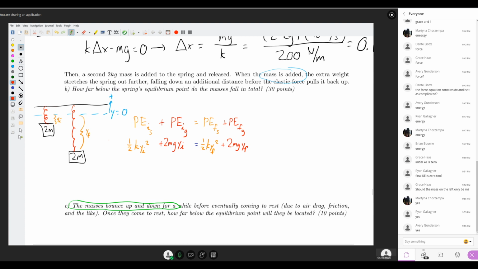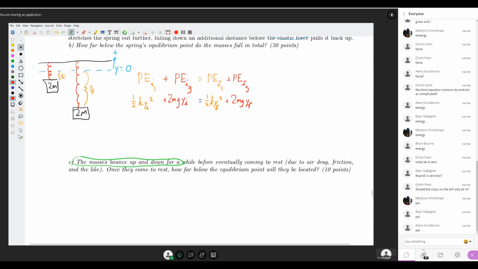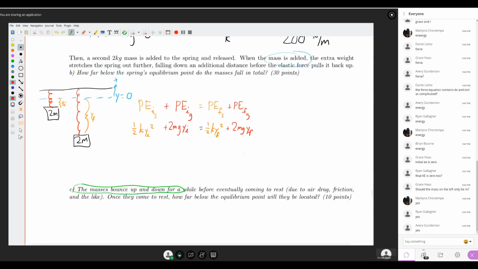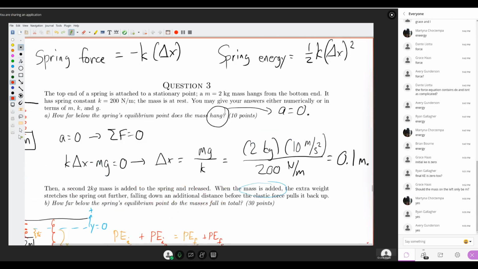This problem was on a group exam last year or two years ago or something. This is a tough problem because it's easy to tangle yourself up in algebra, but the key insight we're looking for is that in this part you have to use energy. So now it turns out that we know y initial, right?